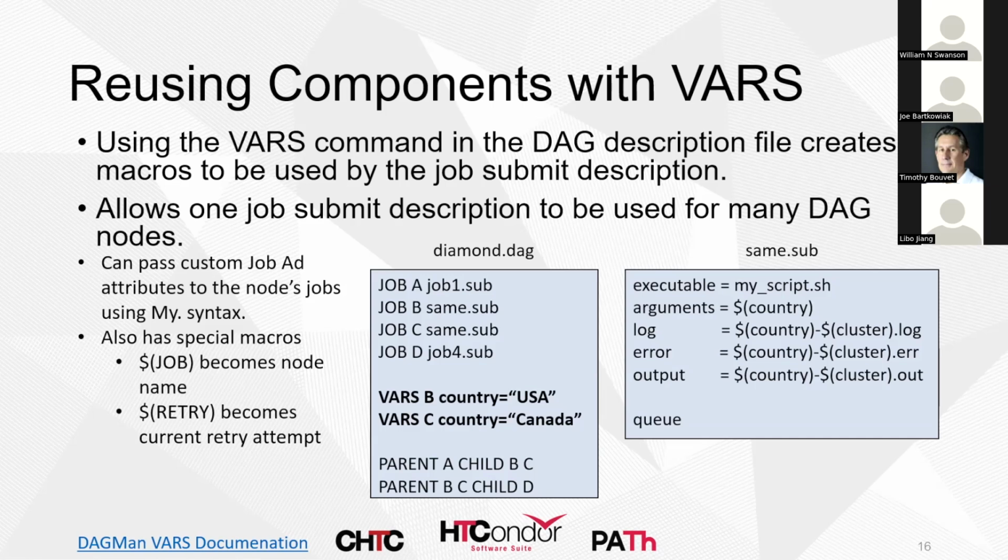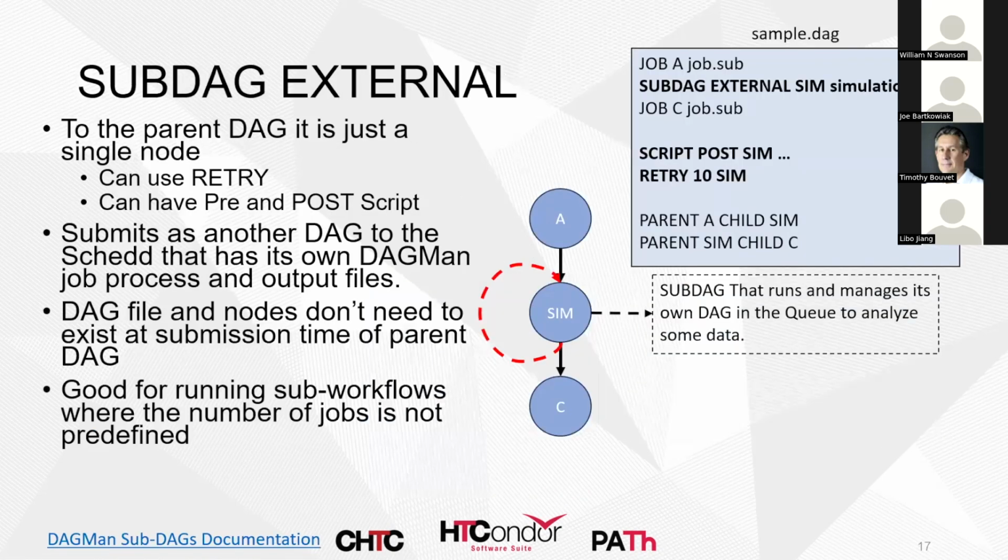That's some complex stuff. We're going to get a little bit more complex because you can actually use DAGs in DAGs. Welcome to the world of sub-DAGs. These are specified in the DAG file with a DAG. So we have a sub-DAG external simulation, which takes a DAG file, and this could be another DAGMan DAG, could be a 10,000 node DAG, could be anything really.